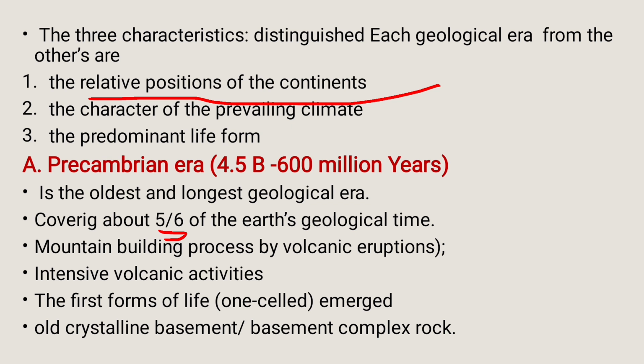Intensive volcanoes are also known here in this Precambrian era. The first forms of life, which are called one-celled or single-celled, emerged during this era, like jellyfish and amoeba. Another event, the old basement complex rock or crystalline basement complex rock, which is also known as igneous rock, takes place during the Precambrian era.